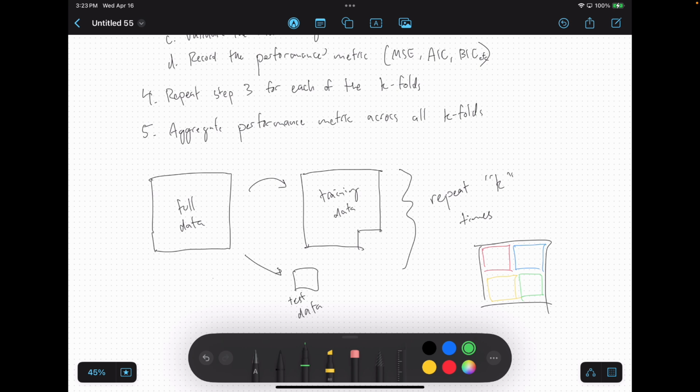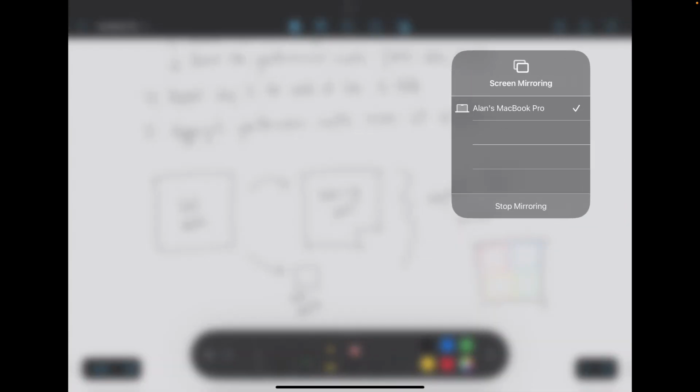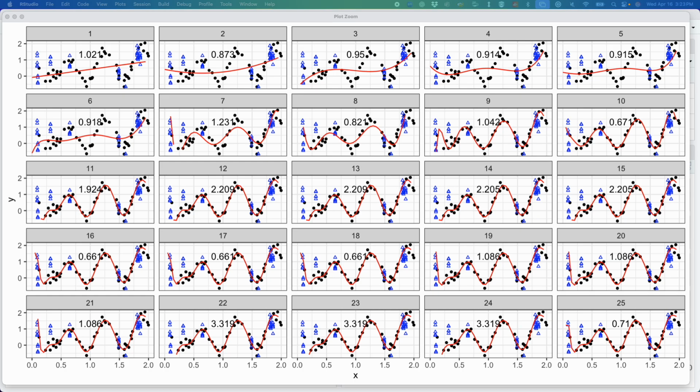Yeah, so given the importance of this particular concept, let's see here. We're going to do an application of this to model selection to the wages example that we looked at last time. And I'm going to walk through this manually to really hammer this point home.